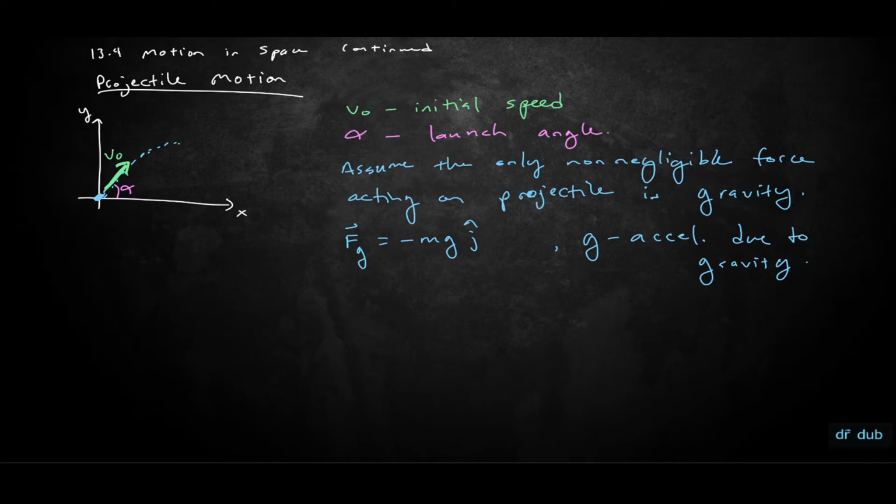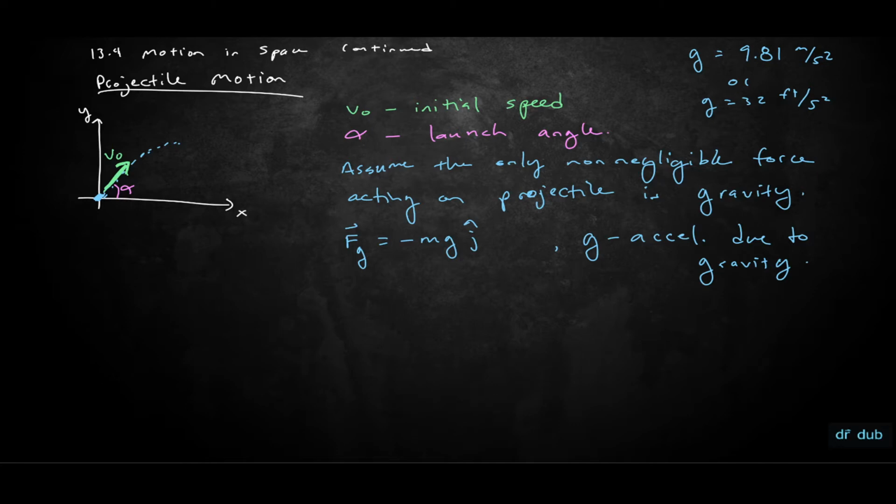But on the exam I'll use 10. Probably in homework, it'll want you to use 9.8 or 9.81. So g is 9.81 meters per second squared, or 32 feet per second squared. But on the exam, I'll probably round it to 10 if we use meters. So yeah, that's the only force acting on this object.